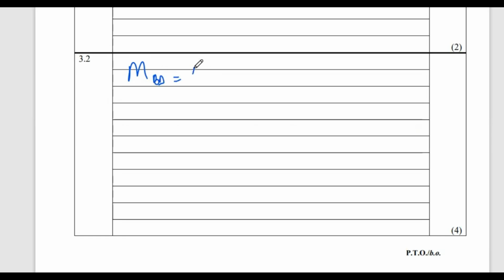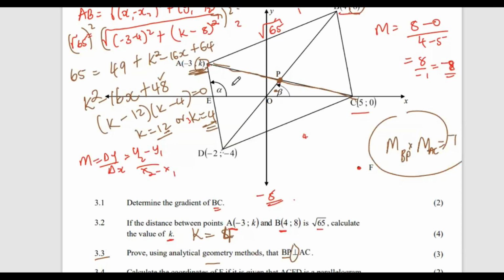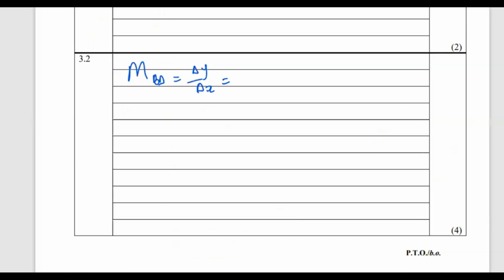Say y2 changing y over changing x. And then our BD is 8 and -4, 4 and -2. So I'm going to say 8 minus -4 over 4 minus -2. When I simplify that, I have a 12 over 6, which gives me a 2.